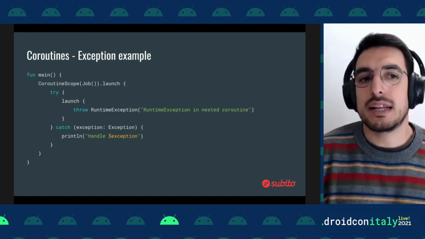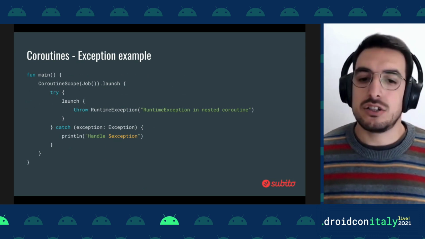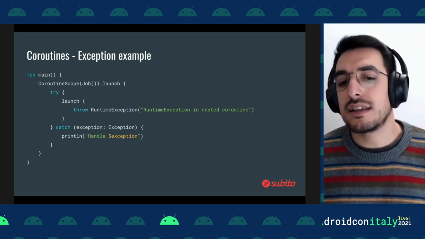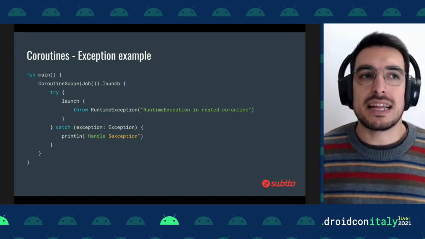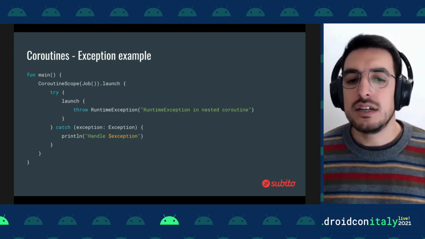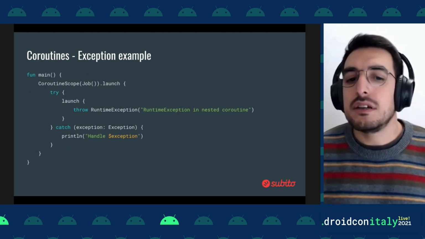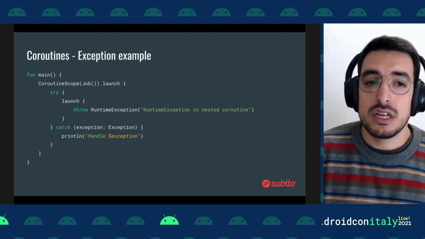So the parent coroutine will be cancelled when the inner coroutine is cancelled. This can lead to an unexpected situation, or maybe even to a crash of our application.